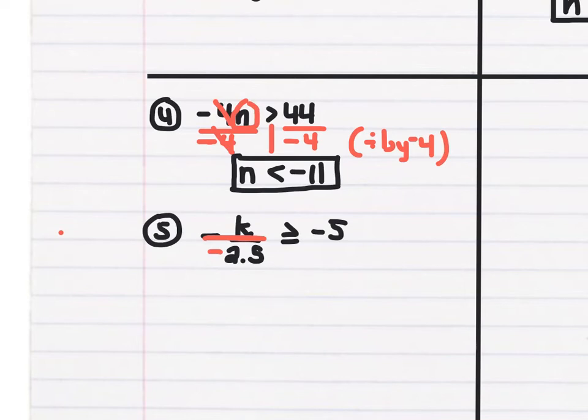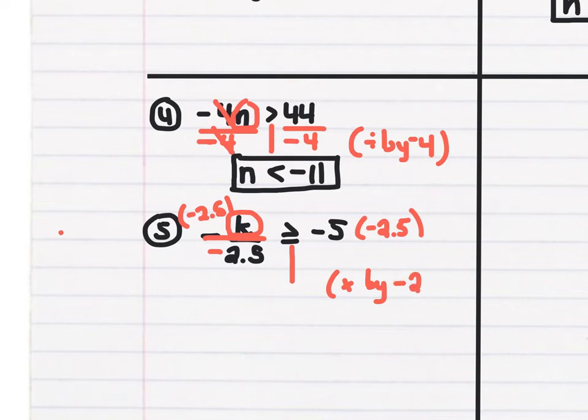So you're going to circle the variable. You're going to draw your line underneath the inequality. And because here the k is being divided by a -2.5, we're going to multiply by a -2.5. So I'll just put it in parentheses. I'll try to squeeze it in. Multiply by a -2.5 to each side. And here on the side, I want you to put multiply by -2.5.